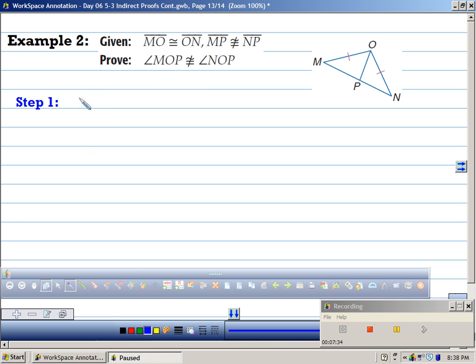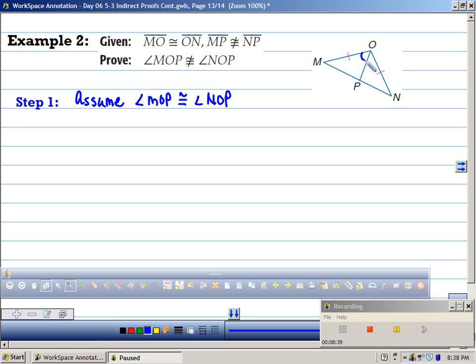But I know my first step is to assume that this conclusion right here is false. So I'm going to say that angle MOP is congruent to angle NOP. So let's look at that really quick. MOP is congruent to NOP.